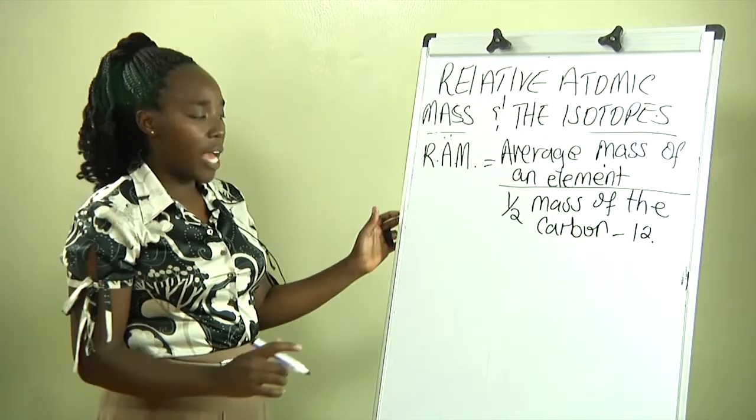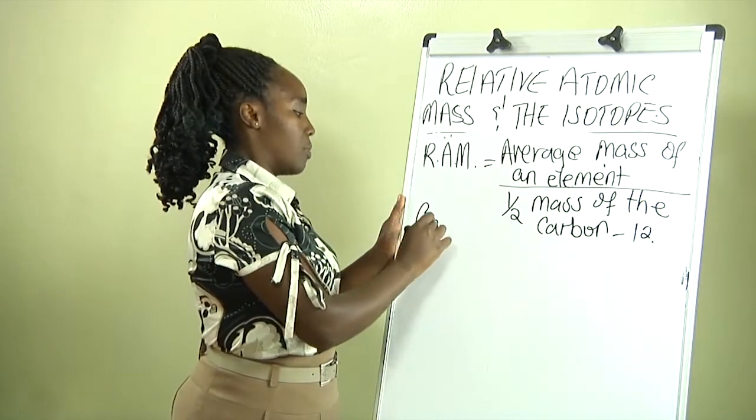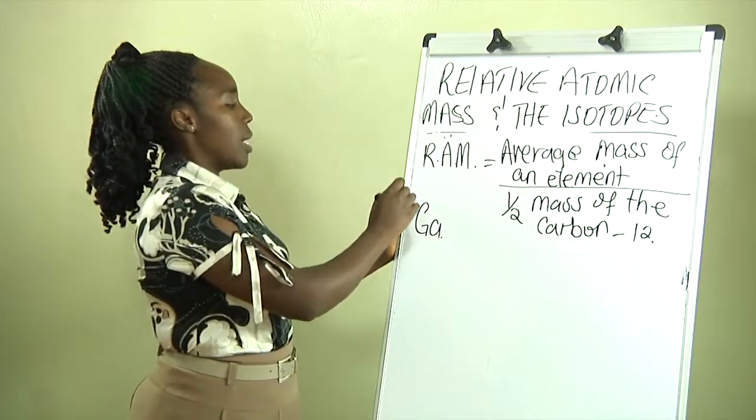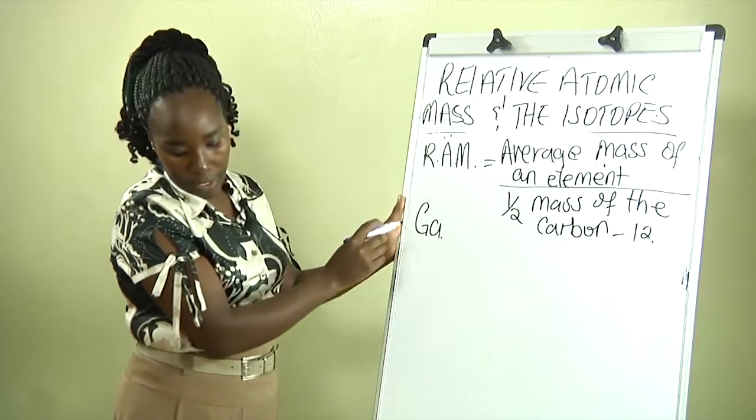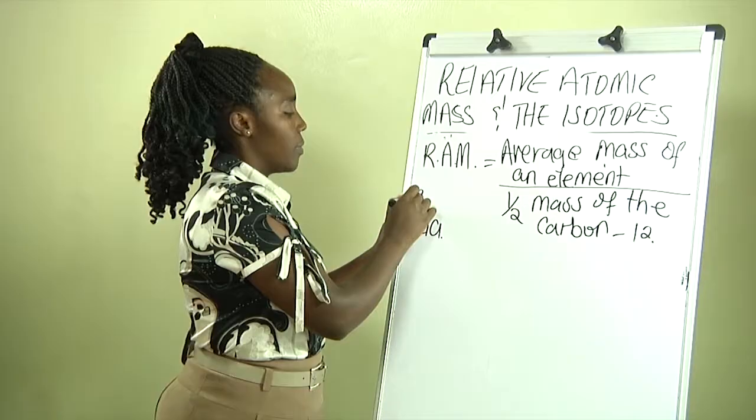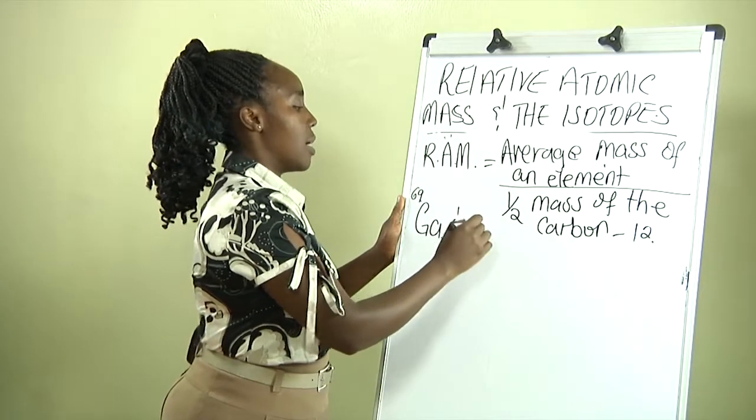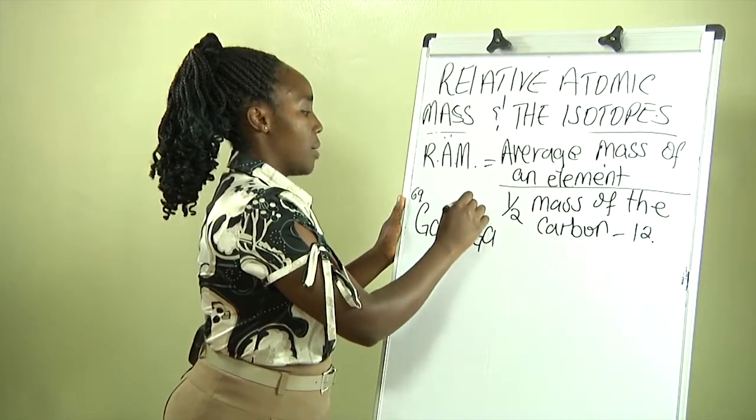Therefore, our gallium isotope had a mass of 69 and the other one had a mass of 71.